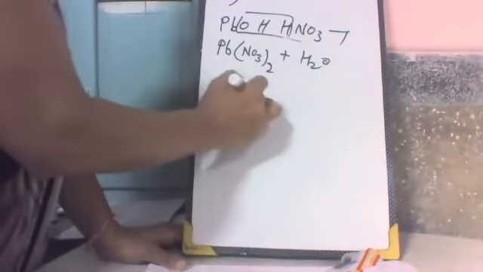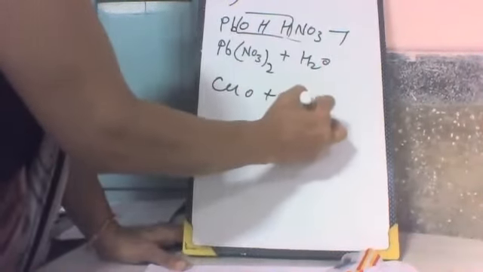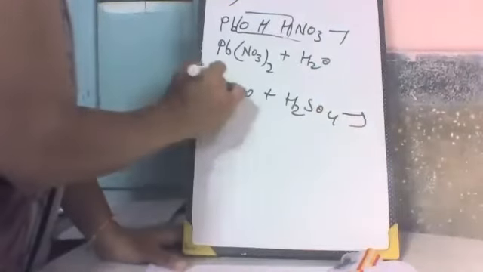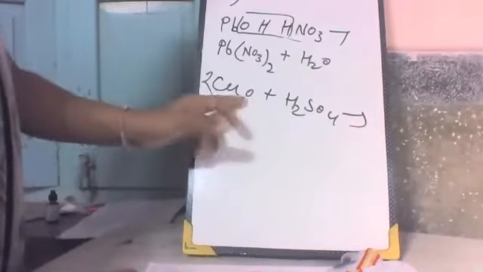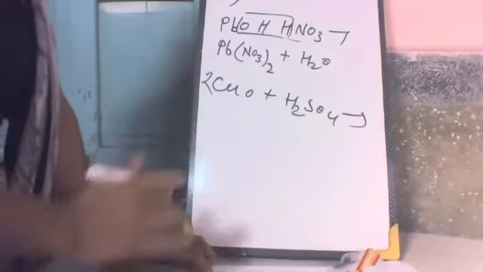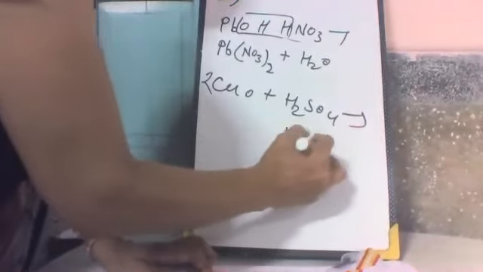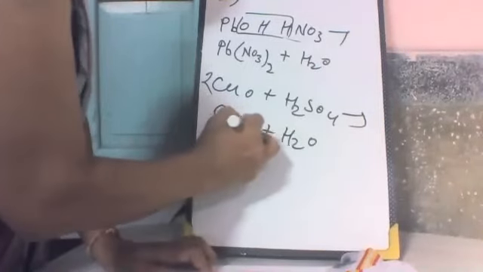CuO plus H2SO4 react and form water and copper sulfate, H2O plus CuSO4.